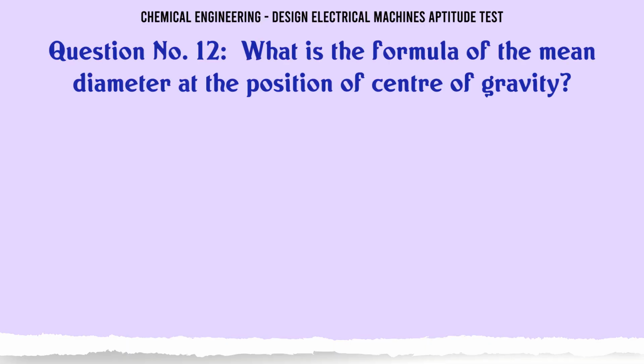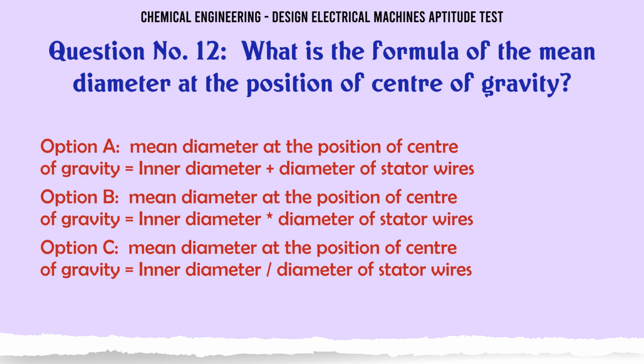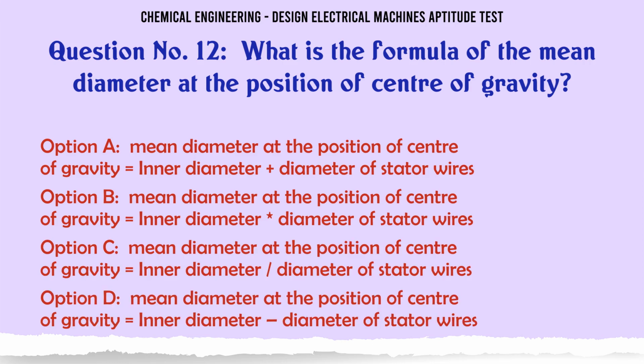What is the formula of the mean diameter at the position of center of gravity? A. Mean diameter at the position of center of gravity, inner diameter of stator wires. B. Mean diameter at the position of center of gravity, inner diameter of stator wires.